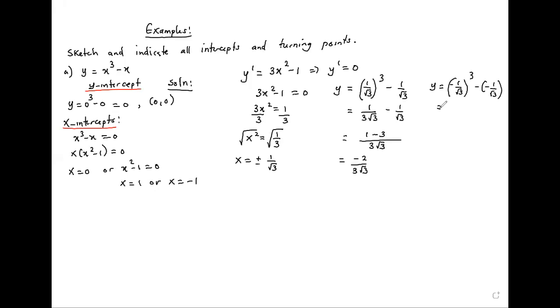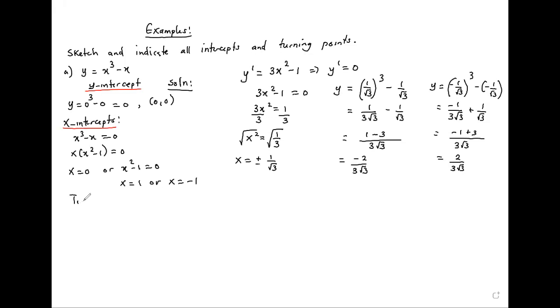So we get -1 over 3 root 3 plus 1 over root 3. This is going to give us 3 root 3, giving us -1 plus 3, which is 2 over 3 root 3. So we have the turning points.